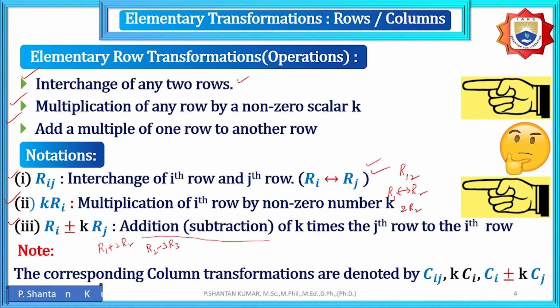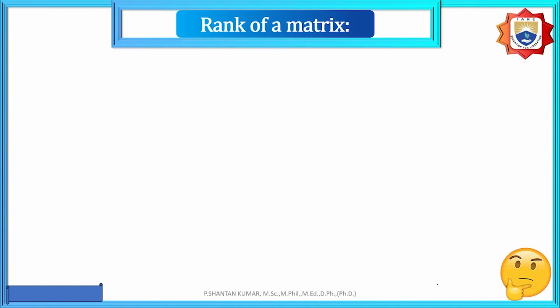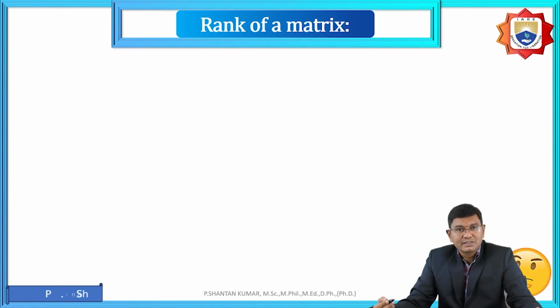These are the three different types of elementary row operations or row transformations, and similarly elementary column operations or column transformations. The notations are also clearly discussed. And further, based upon these elementary row and column operations, comes the rank of a matrix.